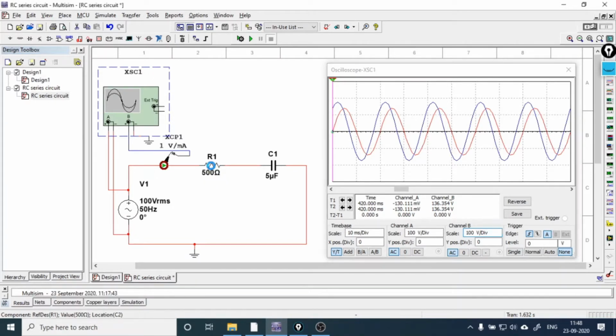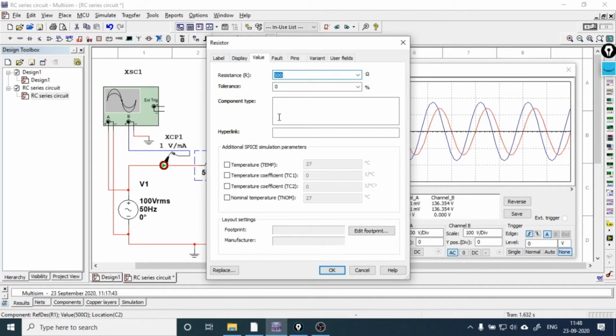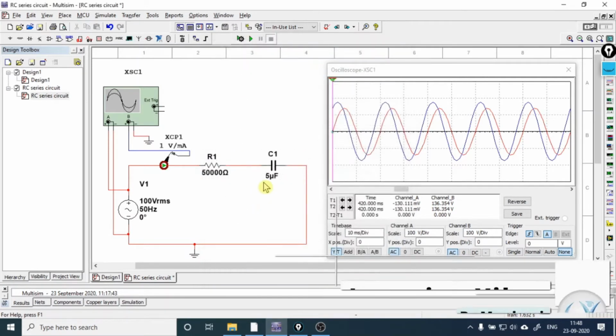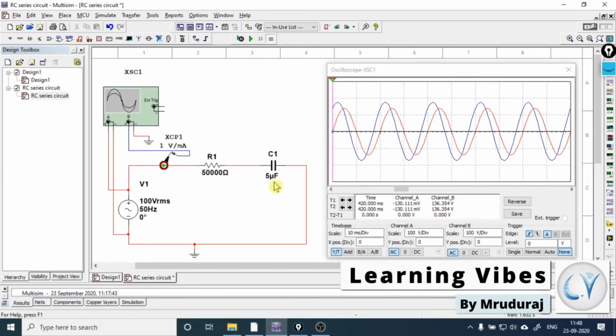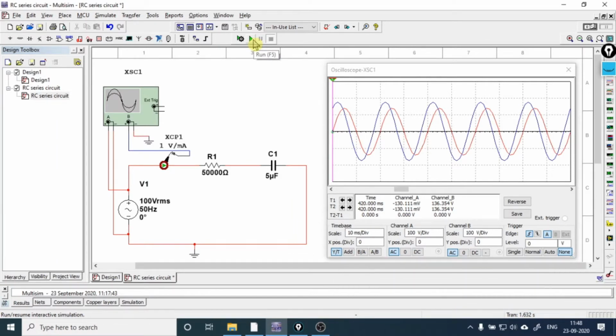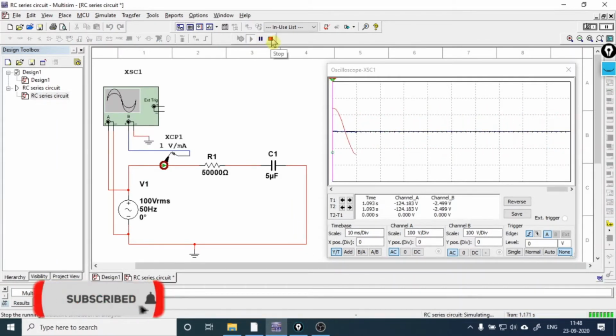So we'll change the resistance, making it much larger with respect to the capacitor, so it becomes almost a resistive circuit. We'll run the simulation and observe what changes occur.